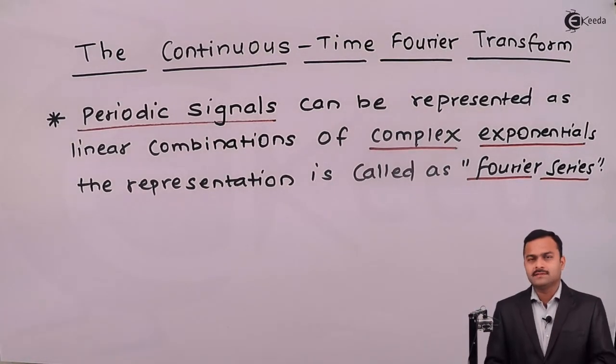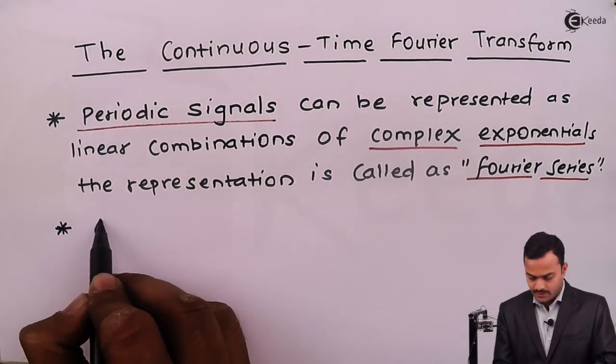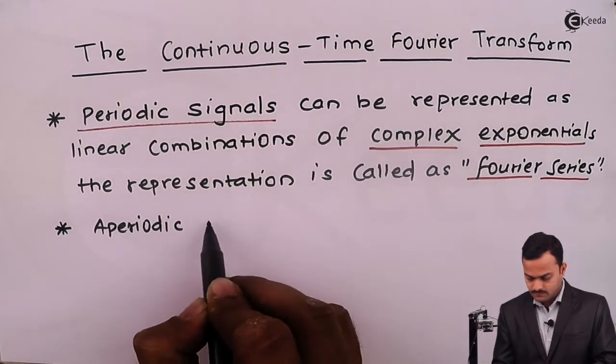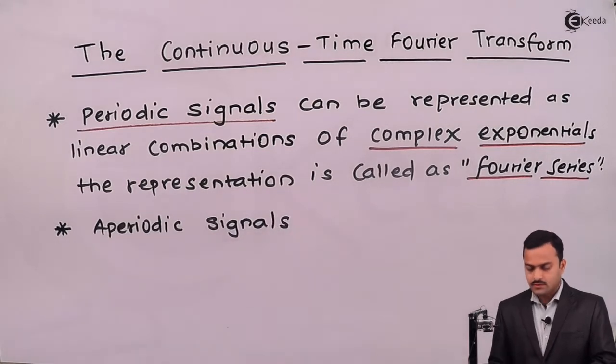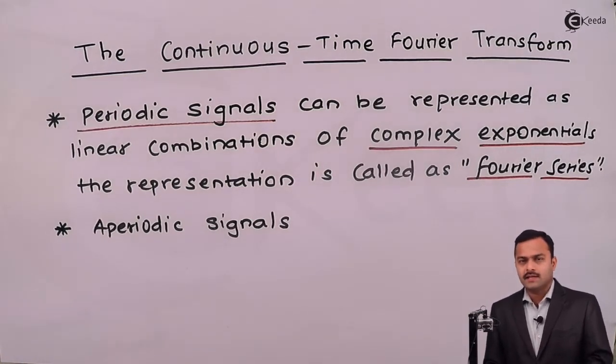But what if a signal is aperiodic? So we need to check what will happen for an aperiodic signal. A periodic signal repeats.